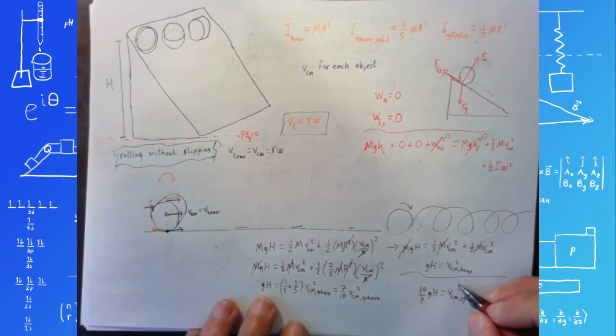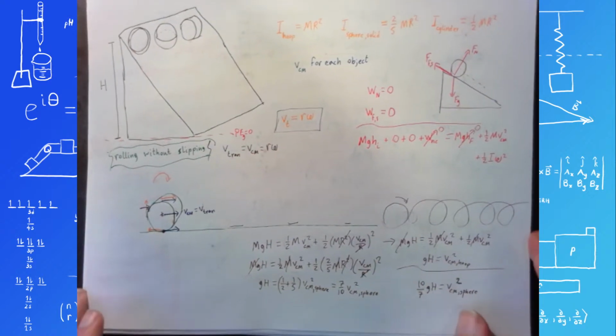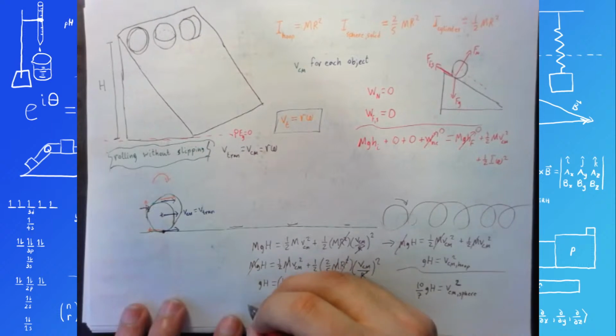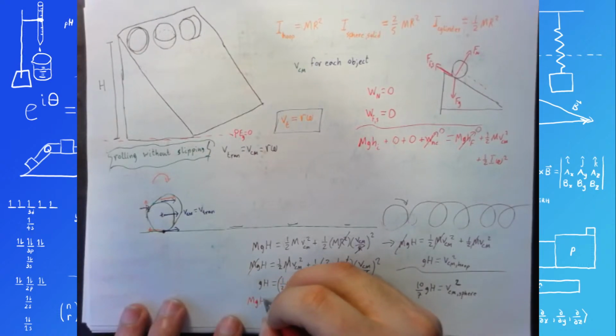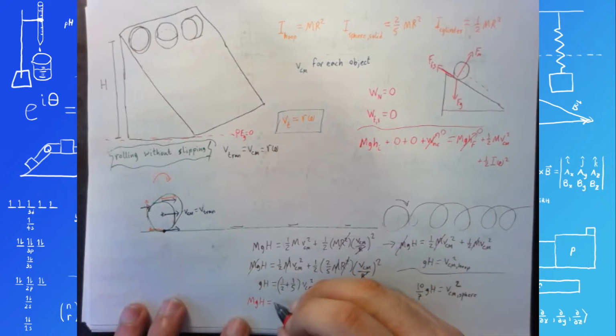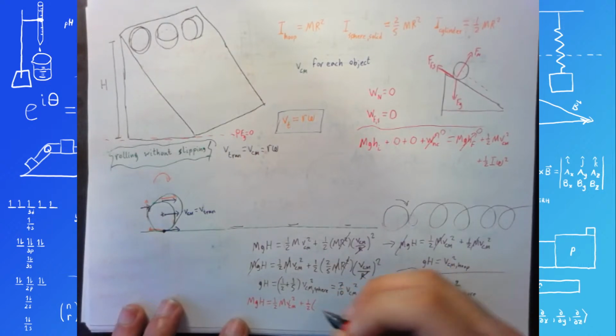And following that same pattern, we can do one more. Let's do the cylinder. So we have, yet again, mgh equals 1/2 m VCM of the cylinder squared plus 1/2 for a cylinder.